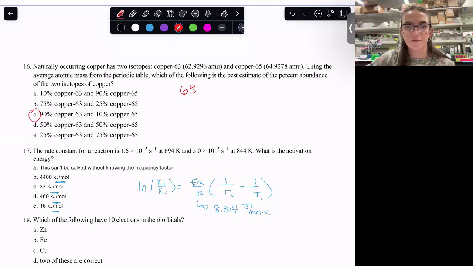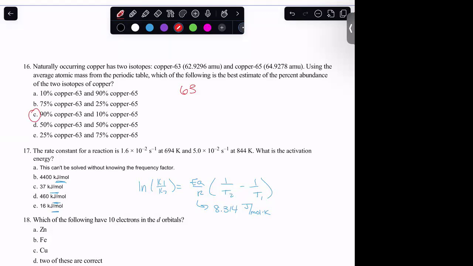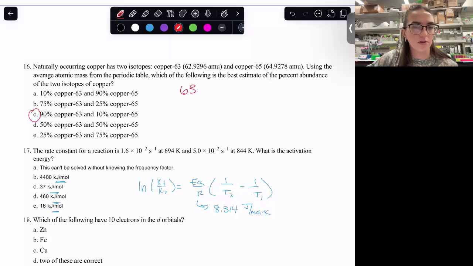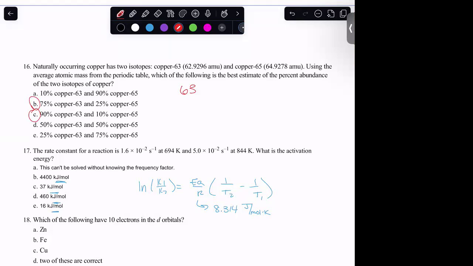So for the weights that we're given, we use 63 and 65 as our given masses? I believe so. If you got B or C, you're doing it right. It will be very obvious to you on your final which one you should do. Just keep doing that same math. So if you got B or C, don't be worried. You did it correctly. You're fine. Got it.